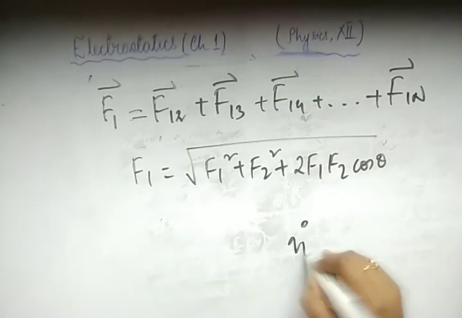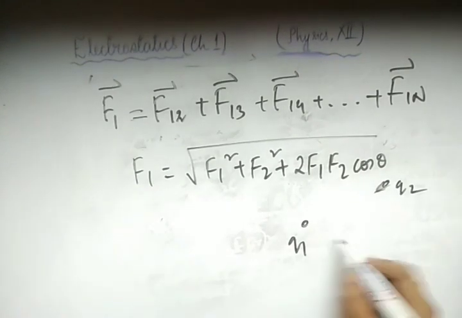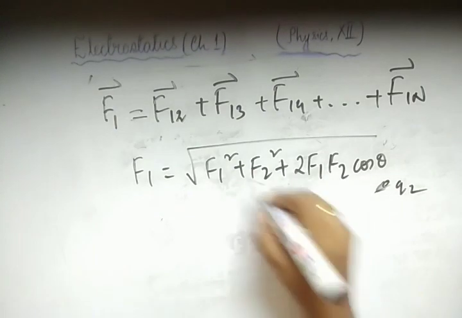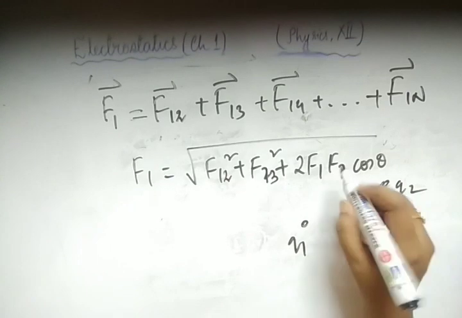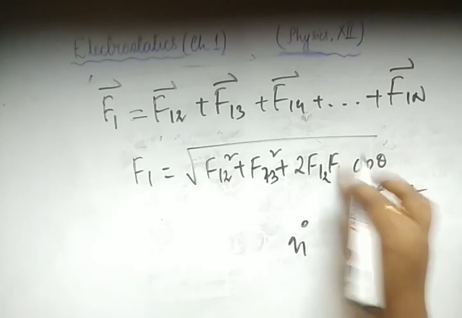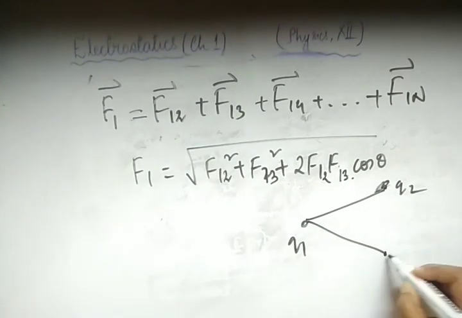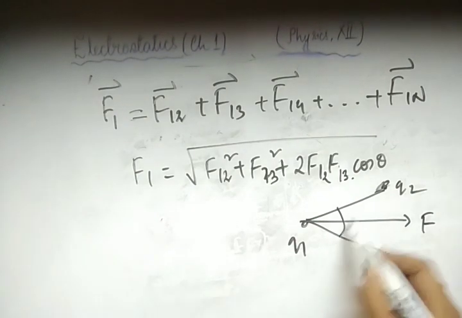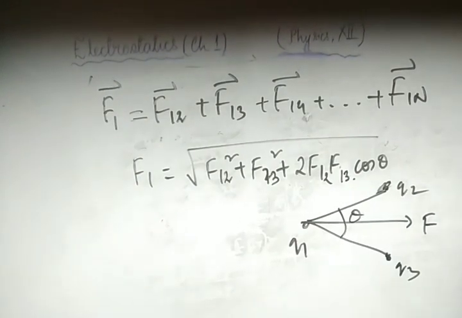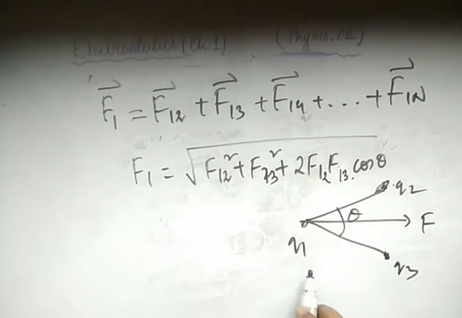Suppose there is charge Q1, Q2, with forces F12 and F13. So the net force is along this direction, and theta is the angle between these two forces. You can also find it in this manner.